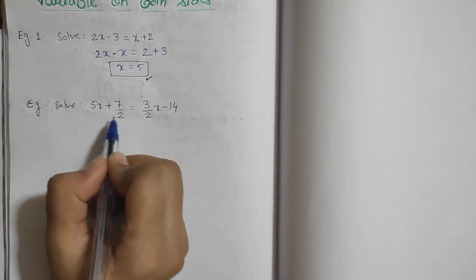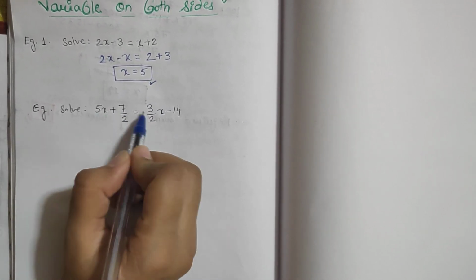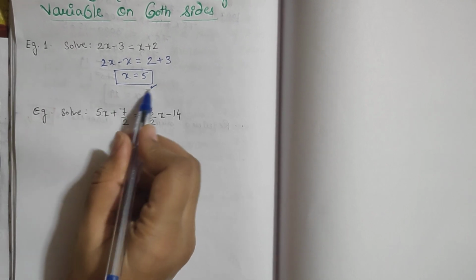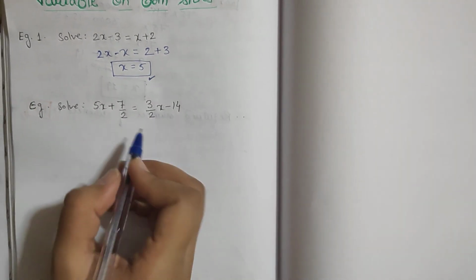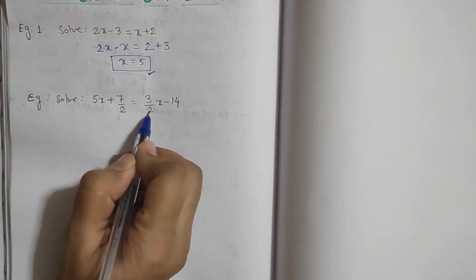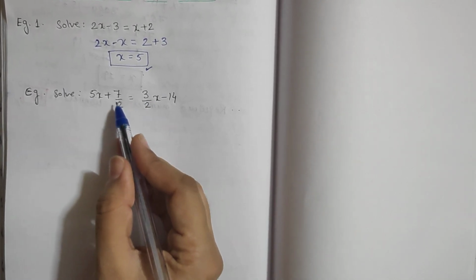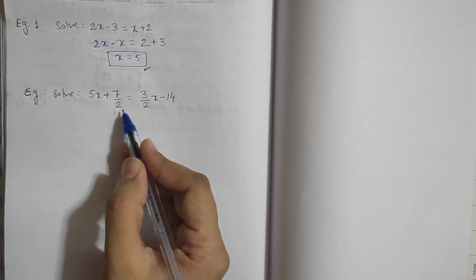First way is that directly you transfer these like terms on the same side. So 5x, you can transfer this from this side to this side and you can take this to this side. And the simpler way is that first nullify the denominator. If you see on both the sides the denominator is the same, so if we multiply with 2 on both the sides, let us see whether we reach a simplified equation or not.